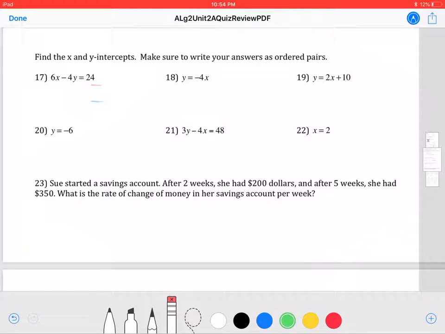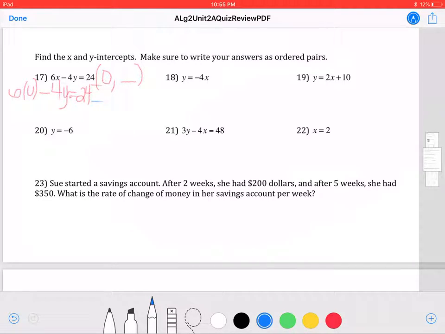I then can find the y-intercept. To find the y-intercept, we know that x is going to be 0, and we're going to find the y value. So 6 times 0 minus 4y is equal to 24.